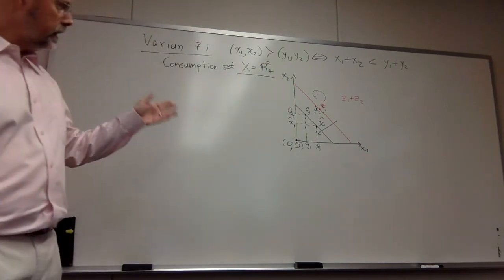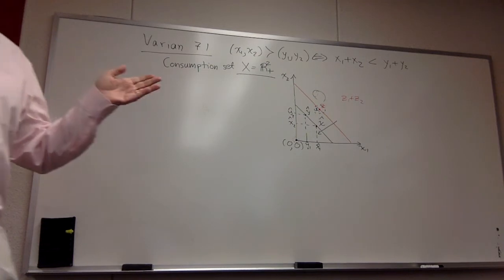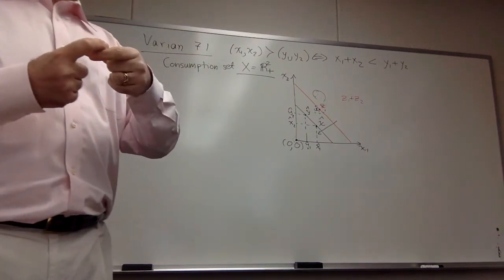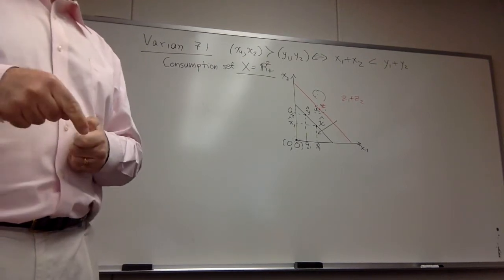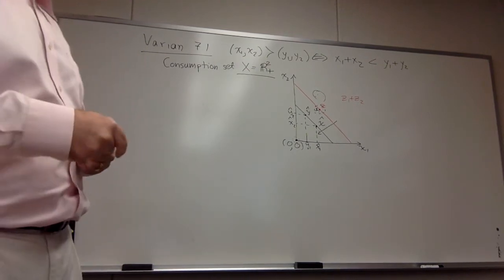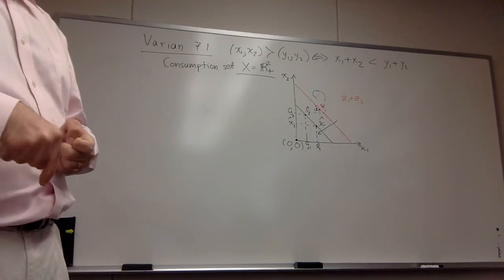Can you see any point in this open disk that makes the person better off than at the origin?